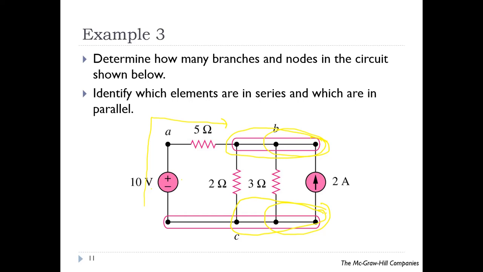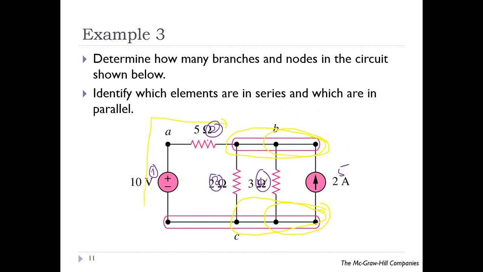Let's consider this example. You need to find how many branches and nodes are in this circuit, and you also need to identify which elements are in series and which are in parallel. We already discussed the elements that are in series and in parallel. For this example, the number of branches that you have here is 5: 1, 2, 3, 4, 5.